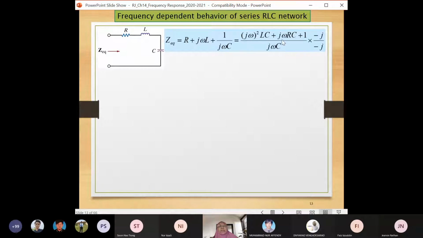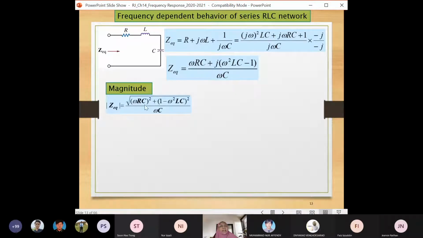To simplify this equation, multiply by negative j over negative j, and the total impedance of this series RLC circuit is omega RC plus j omega squared LC minus 1, divided by omega C.